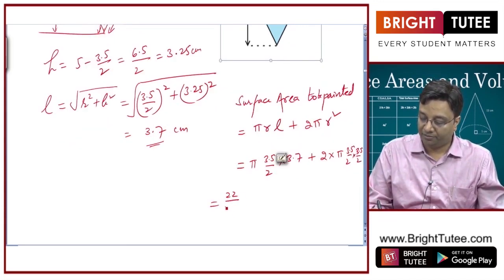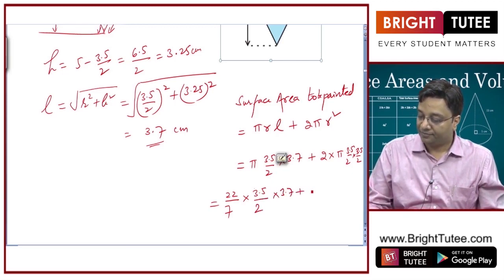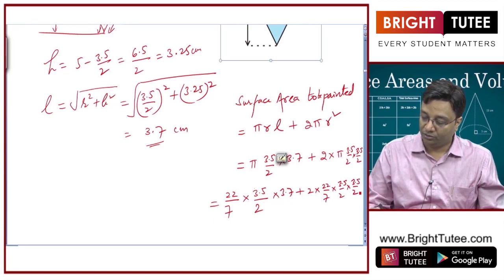Okay. Now you can do the calculations. You can write the pi as 22 by 7. 3.5 can be written as 7 by 2. Okay. Or if you are comfortable with 3.5, you leave it like that. 2 into 22 by 7 into 3.5 by 2, 3.5 by 2.